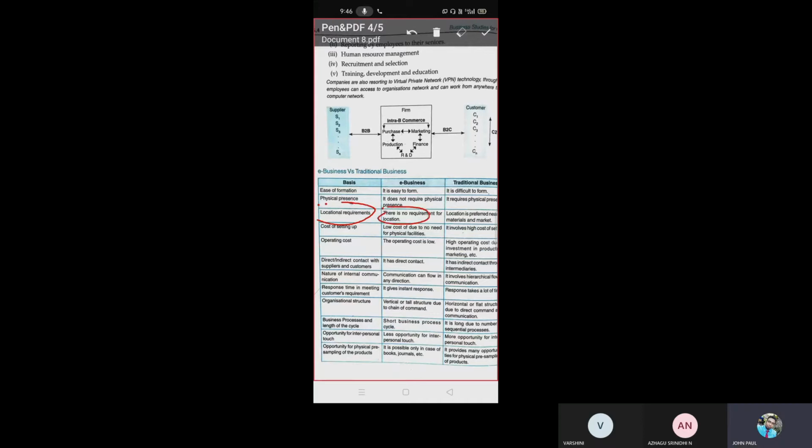In online business, for example in OLX, eBay or Facebook, we don't need a permanent location. We can even do door delivery. But for traditional business, location matters: the place where they sell must be nearby the market.